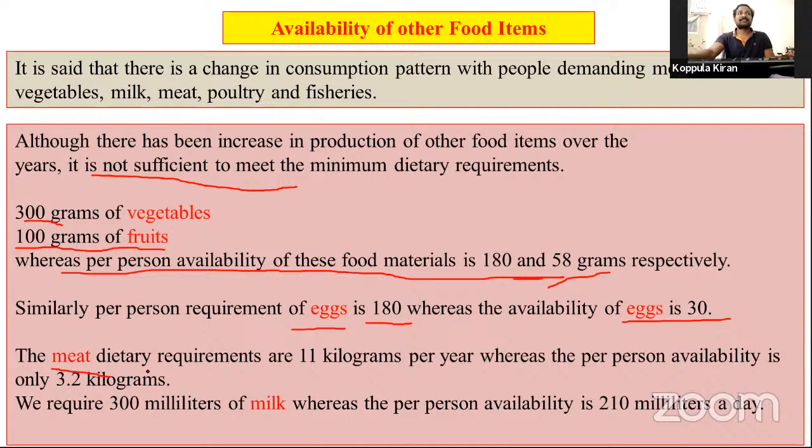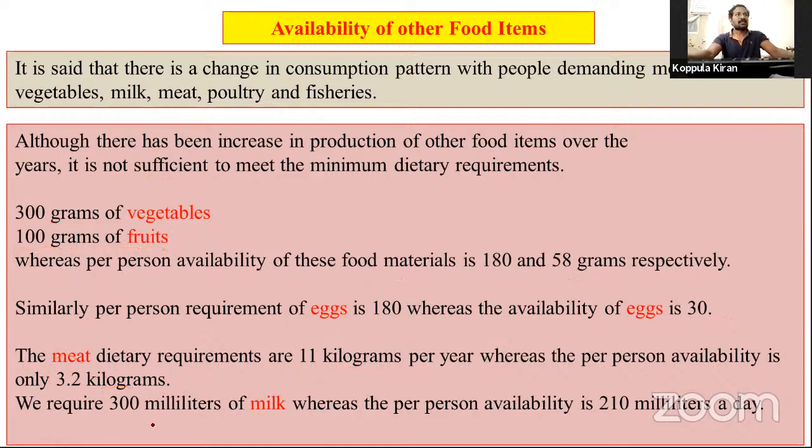Another thing is meat, dietary requirement. Every year we have to take 11 kilograms, but availability is only 3.2 kilograms. Every Sunday and other festival occasions, we prepare non-vegetarian, particularly meat, chicken or mutton, whatever you like. Actually, we should take 11 kgs per annum, but available is only 3.2 kgs.